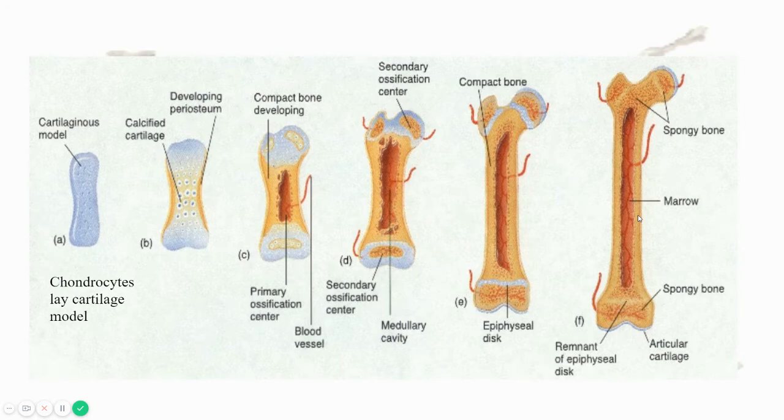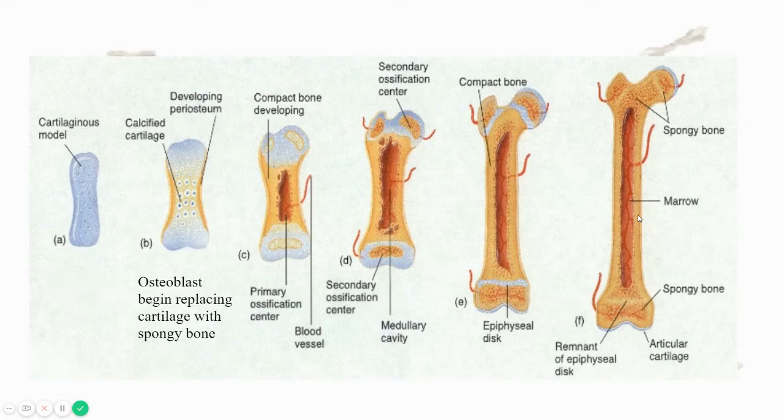So going from the cartilage model, thanks to the chondrocytes, the osteoblasts are able to start replacing that cartilage with spongy bone. And again, the mesenchymal cells are on the outside that will then become the periosteum, and that again is the protective covering of the bone.